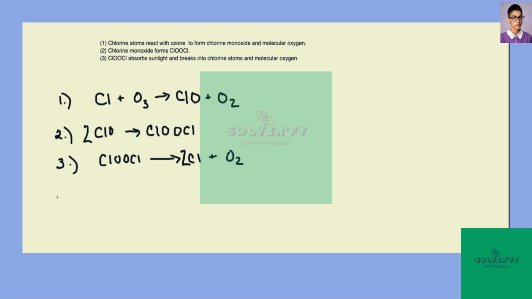We can look at the overall equation by adding up all the steps and then canceling out anything that appears on both sides.